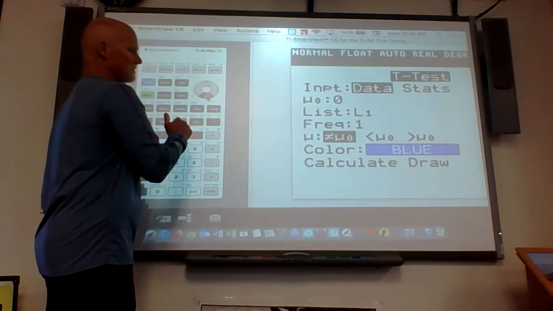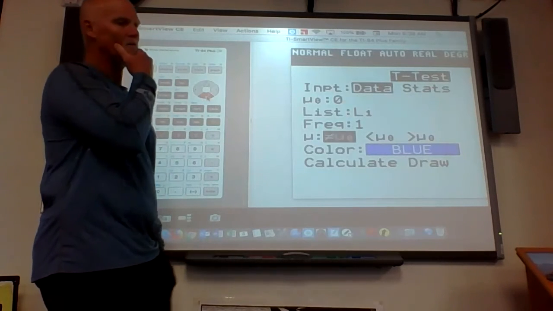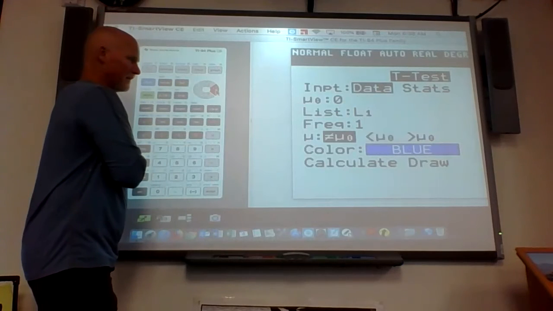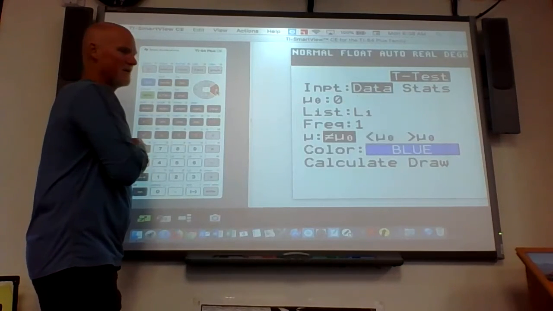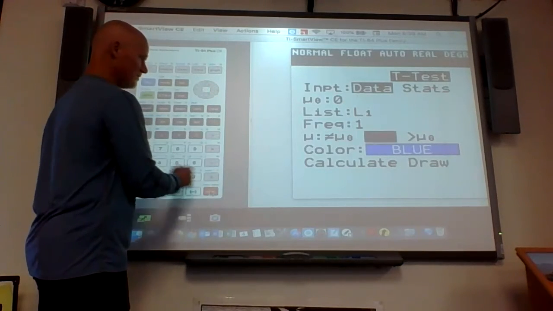I don't know whether it was not equals or less than, but I'm going to assume it would be less than because it came out to be a positive value. I'm trying to even remember the context of the problem. So we're just going to choose that.